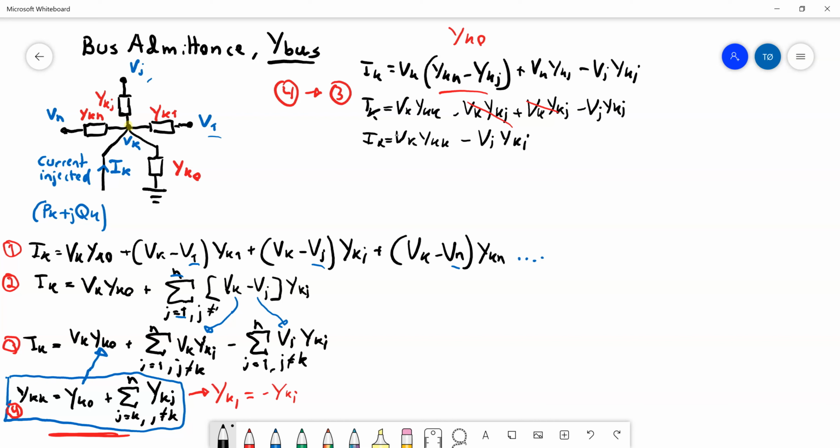And then we know this sign should be opposite, so we will have a plus here to make the assignment correct.